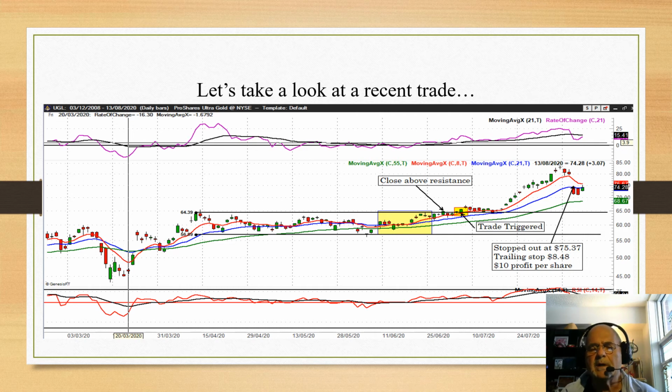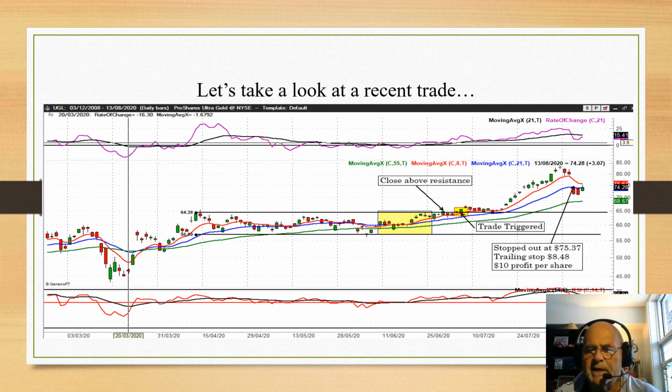Now, the next step is we look to the left. Within the last couple of months, is there a higher price than that price just above the high of the candle that closed above the blue line? There is. That's resistance, and you can see it's a horizontal black line. So what we want is we want our little candle to close above that, and then we will be entering this trade. So you can see where that occurs.